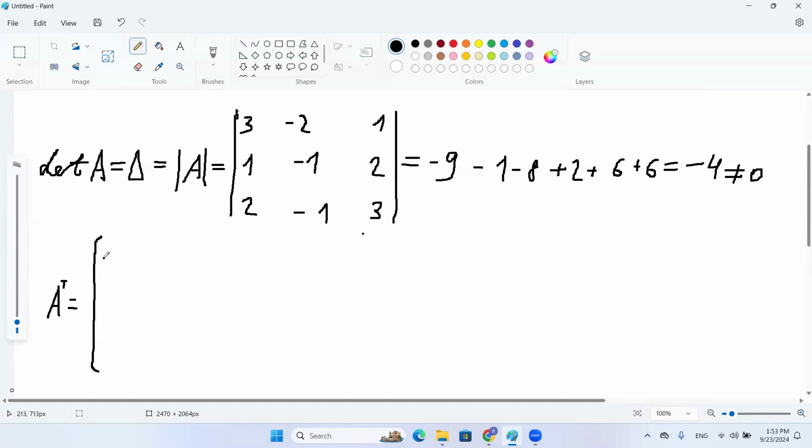So what will be the first row? Okay, Mykola, go on. In the first row, 3, 1, 2. Second, -2, -1, -1, and third 1, 2, 3. Yeah, 1, 2, 3. So, Artem, did you understand the idea?